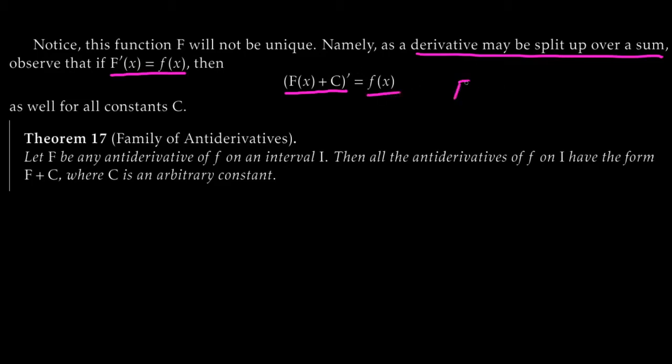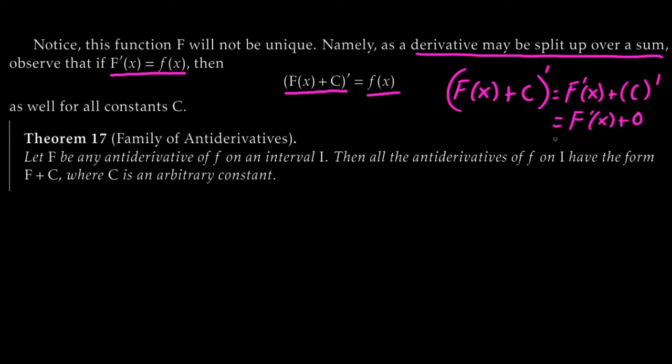That is, F of x plus c, for any constant c, take a derivative. This is F prime of x plus c prime, and if c is a constant, this is just F prime of x plus 0. And if F prime of x is little f, then this is still little f.